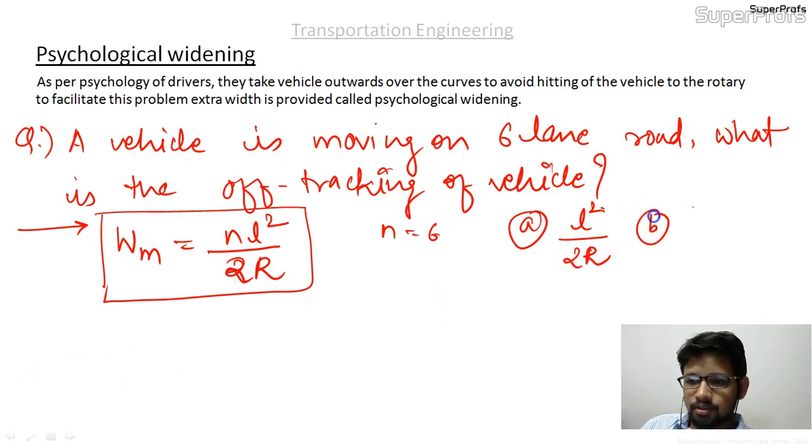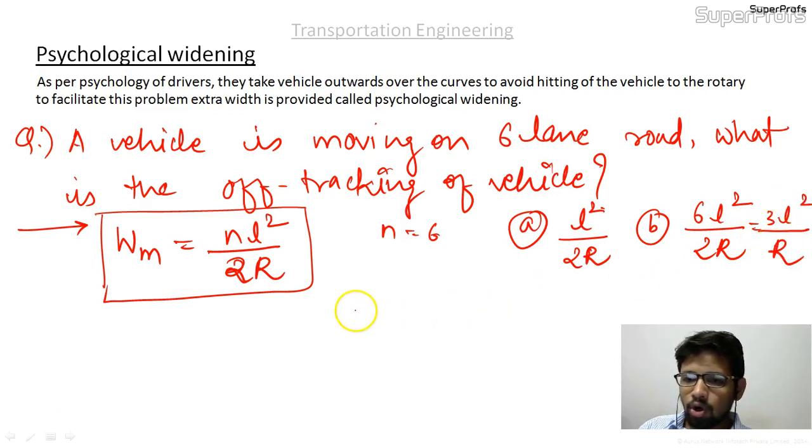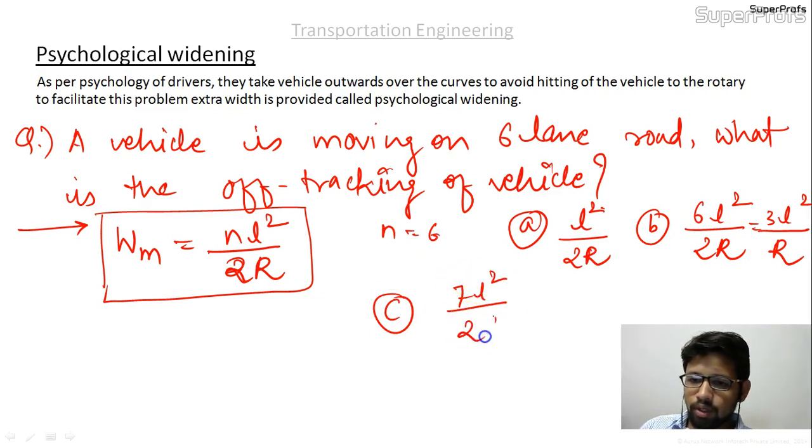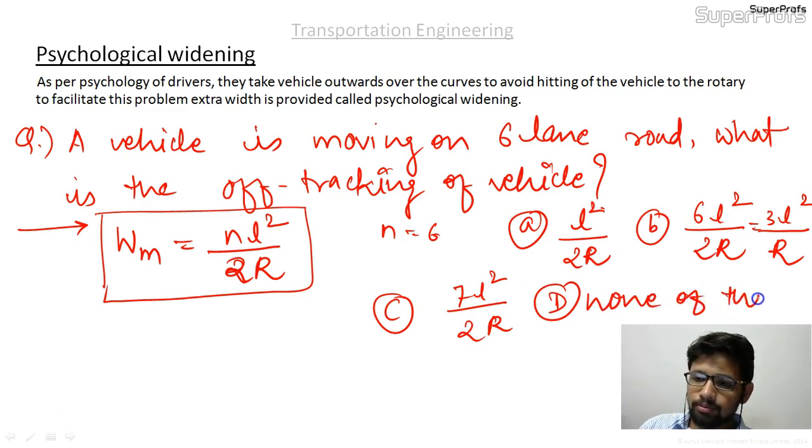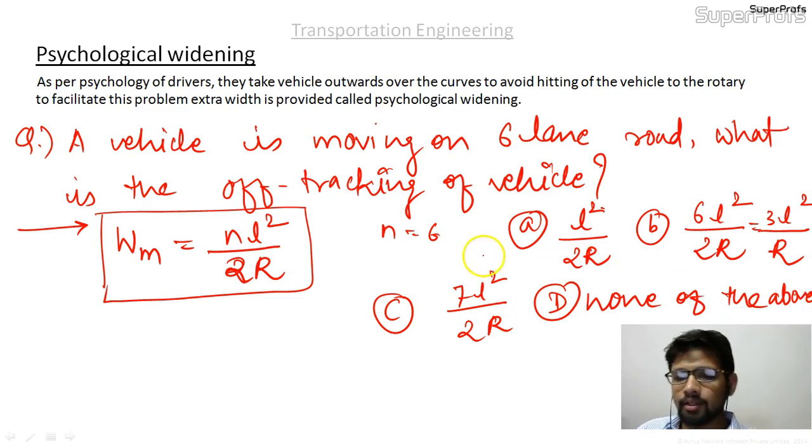Option B is 6L square upon 2R, or maybe you can say 3L square upon R. Option C is 7L square upon 2R, and option D is none of the above. Please tell me what will be the off tracking of the vehicle when it is a 6 lane road.